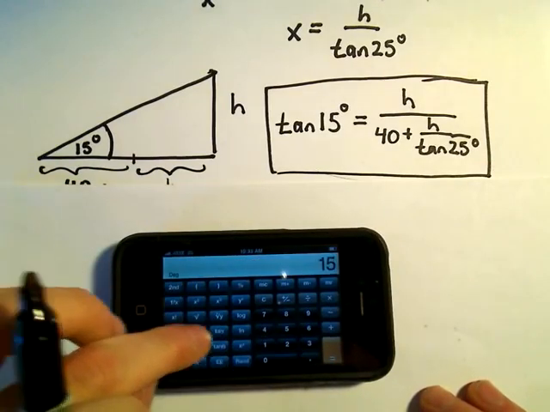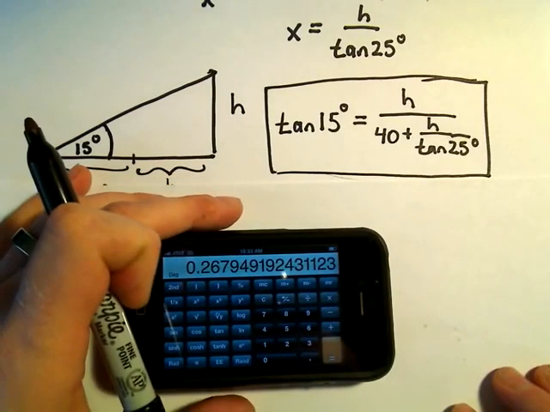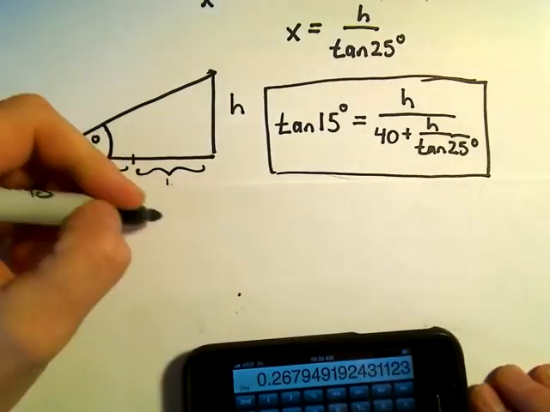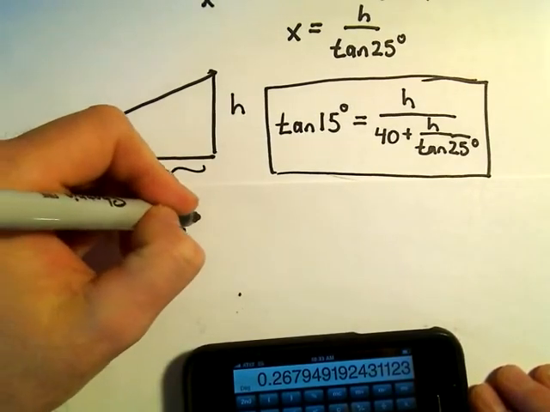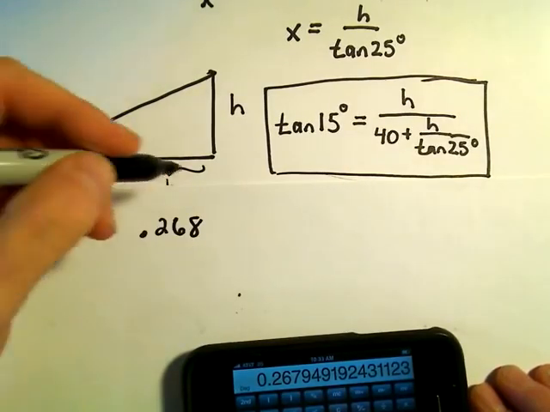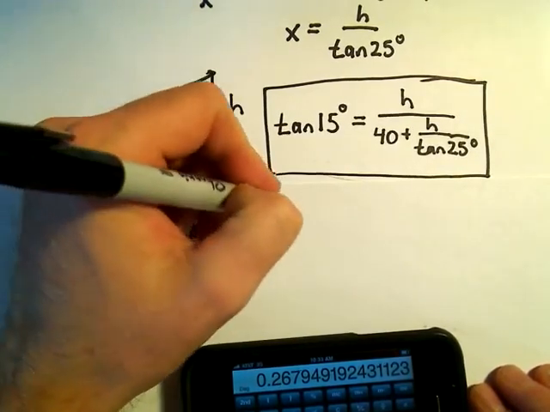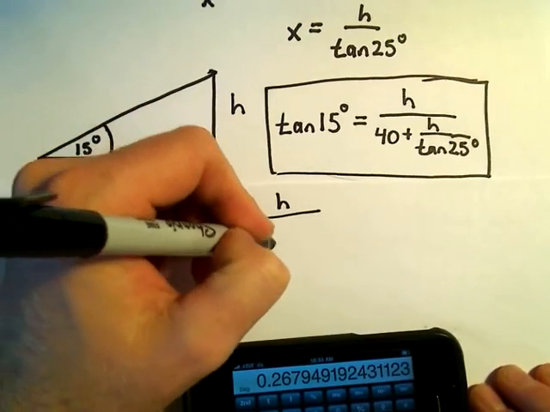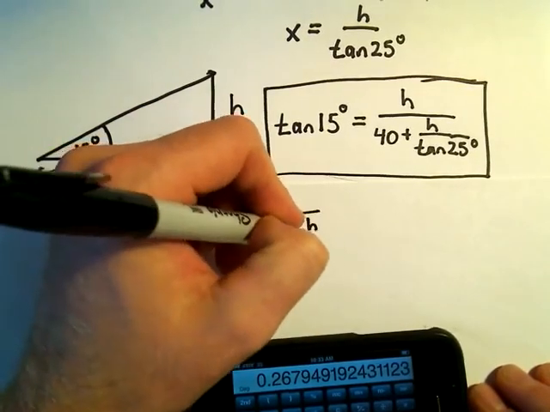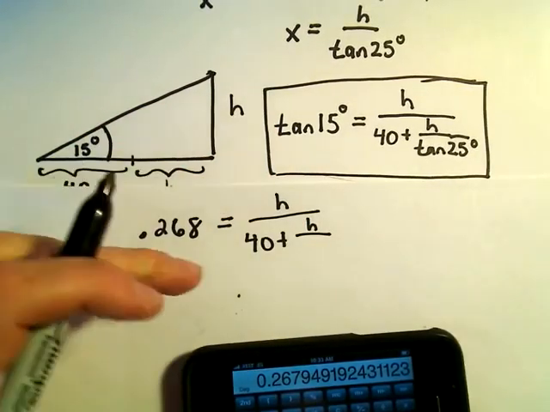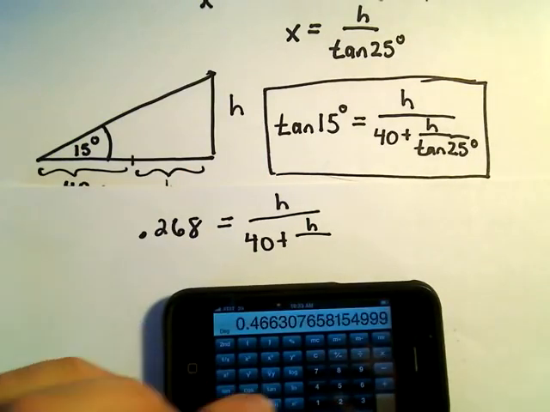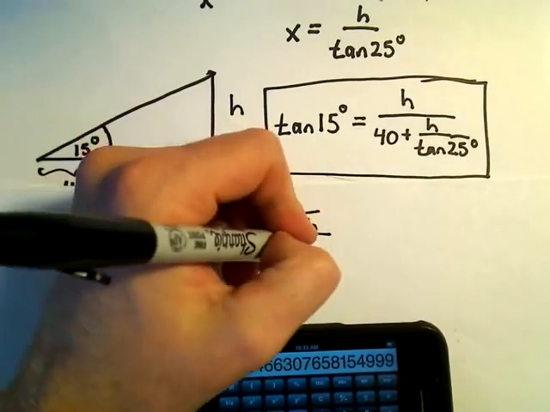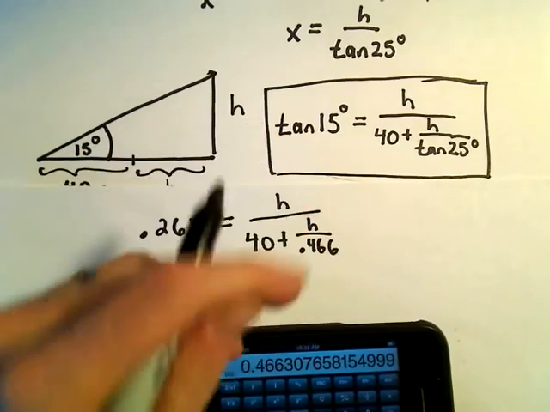Tangent of 15 degrees is roughly going to be 0.268, rounding to 3 decimal places. Then we have h over 40 plus h over, we'll also do tangent of 25 degrees. I'm getting 0.466.